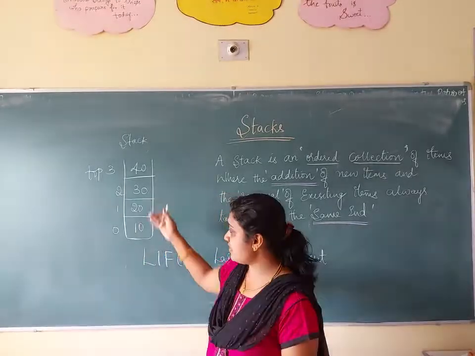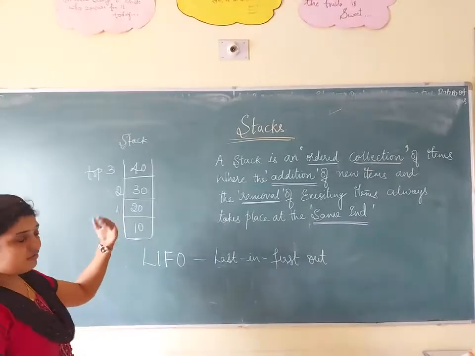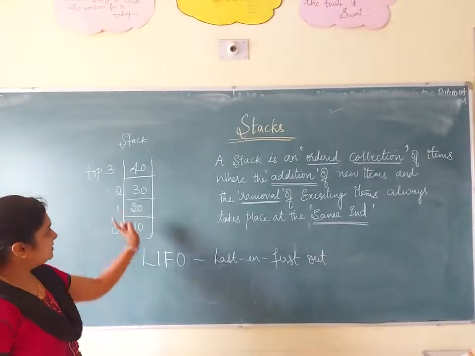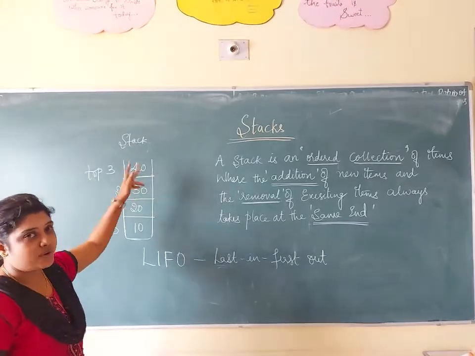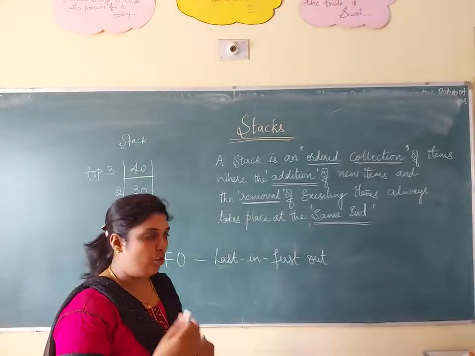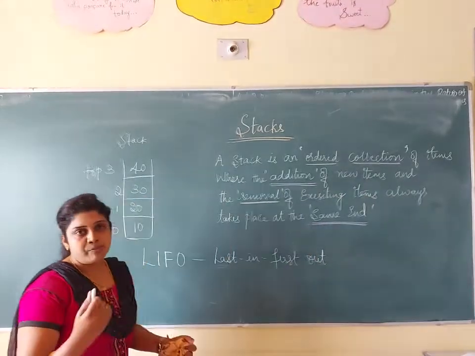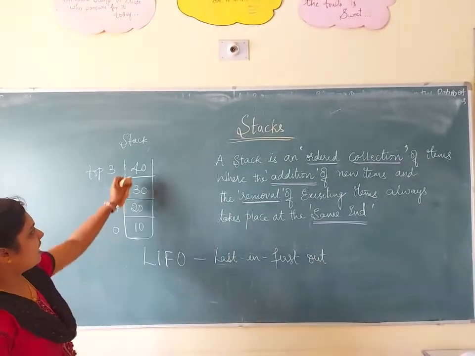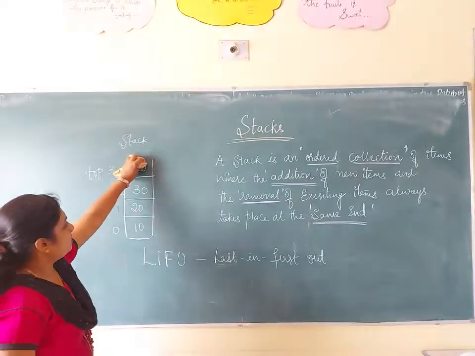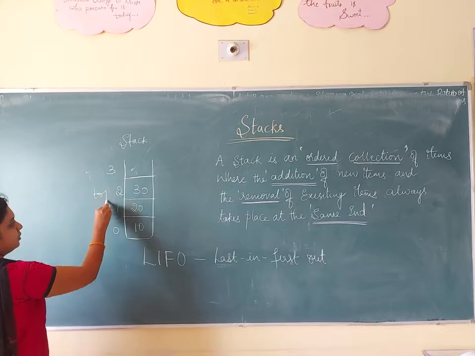Okay, see, I have inserted. Now I want to delete. If I want to delete, what will happen? From the same end you have to remove. So while deleting, the top value will be decremented. See, I have deleted 40. So the top will be pointing to where? Position 2.